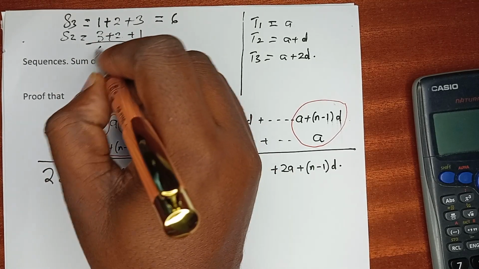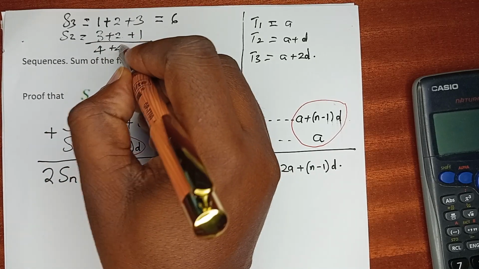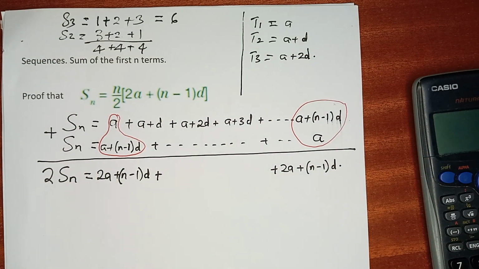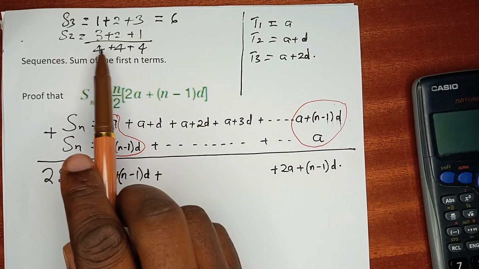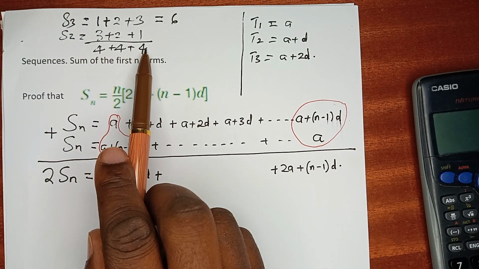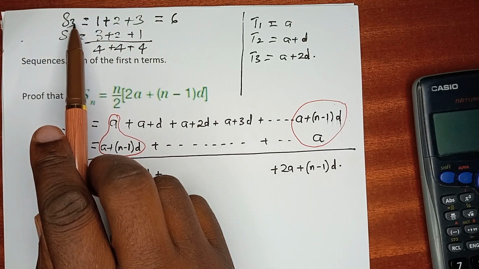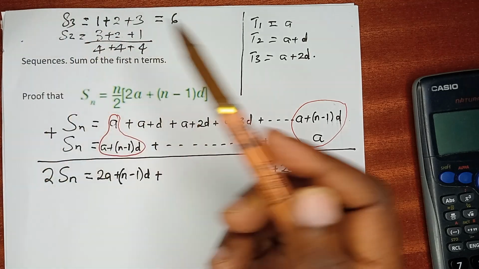Throughout, 1 plus 3 is a 4, 2 plus 2 is a 4. And we keep getting the same sum throughout. So how many times did we get the sum of 4? Of course, 3 times. 1, 2, 3. And our 3 is actually the value of n, or our n is 3.